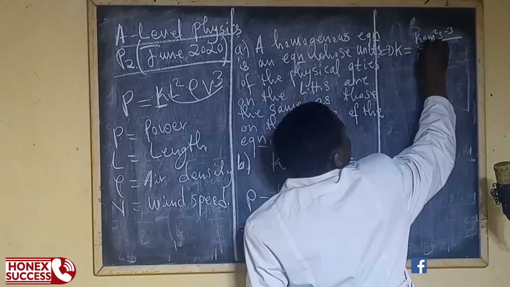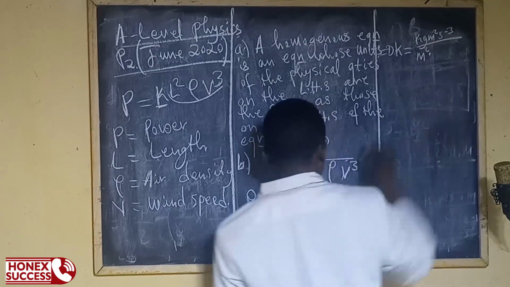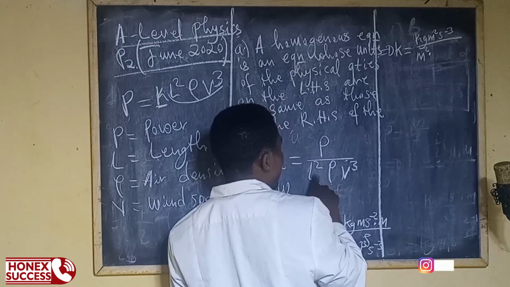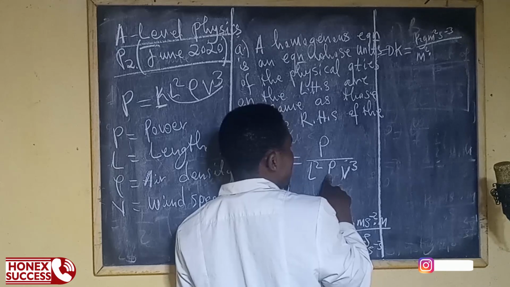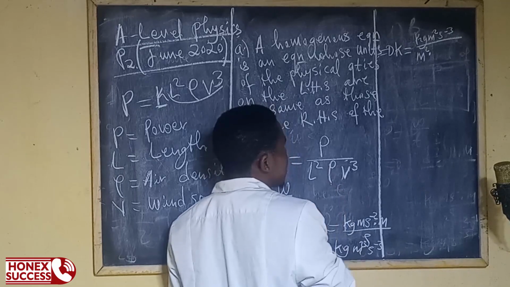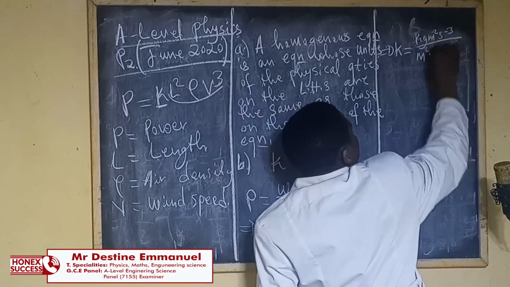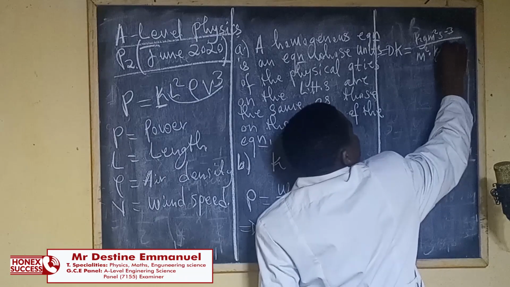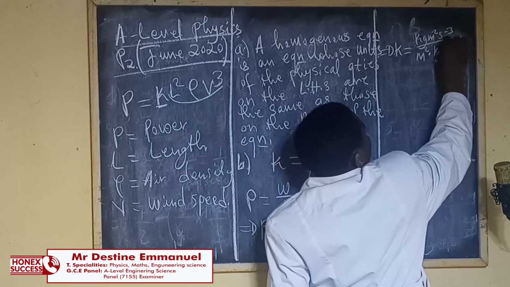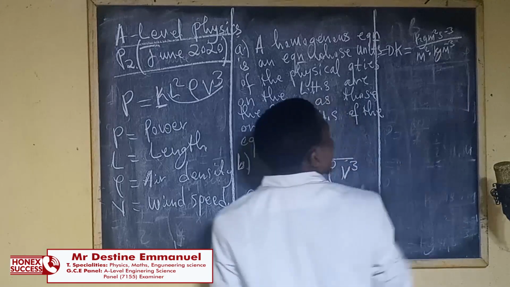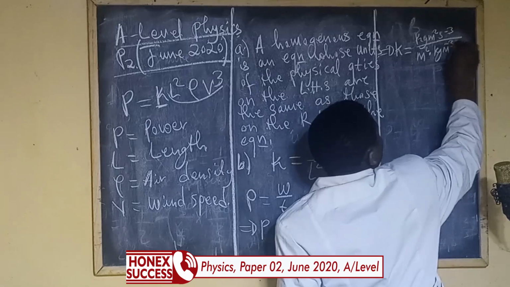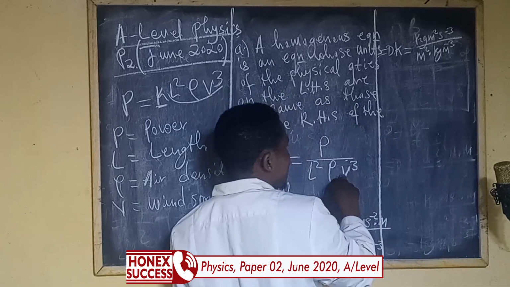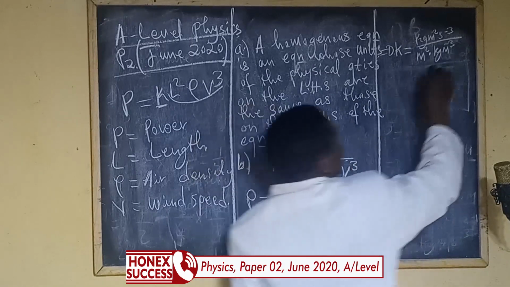Density is the mass per unit volume, so the unit is kilograms per meter cube. Then the unit for speed, we cube it, which gives meter cube per second cube. Good. So those are the units.